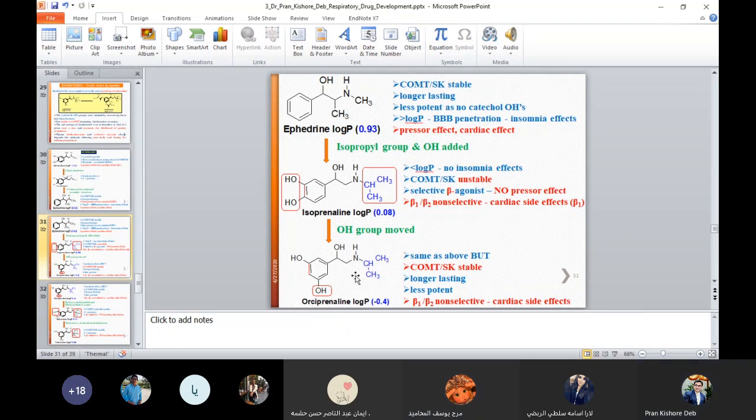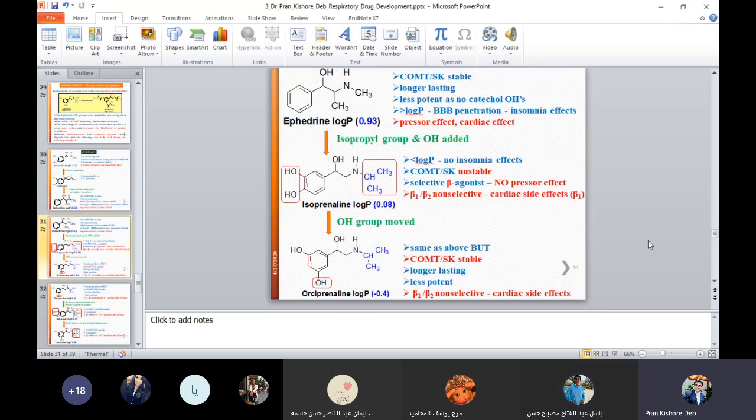Why is orciprenaline less potent? My question was why orciprenaline is less potent? It is not forming H bonds with serine 204 and 207. It cannot form two hydrogen bonds with the serine because the hydroxyls are moved apart from each other, right?